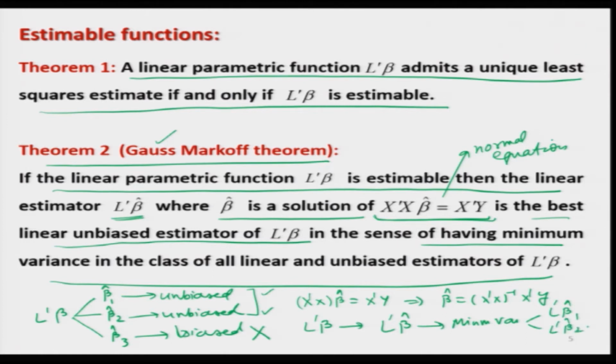Whichever is minimum is going to be the same as your beta hat, which is the least square estimator.